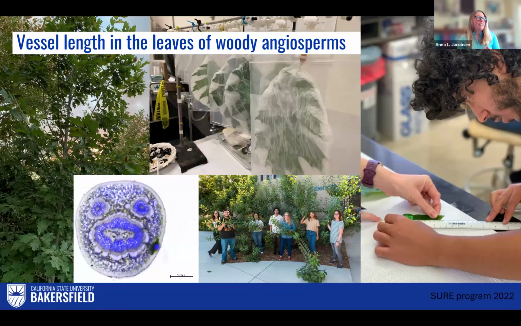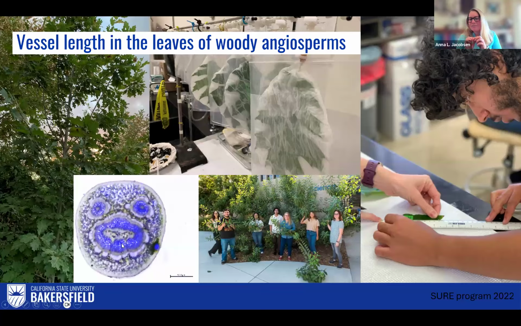We're working on looking at vessel length in leaves. So expanding not just from the root tip to the woody shoot tip, but even further, looking at how these patterns continue into leaves and then looking across leaves. This blue image down here is a cross section through a leaf, with the 2 little eye-looking structures and this circle.